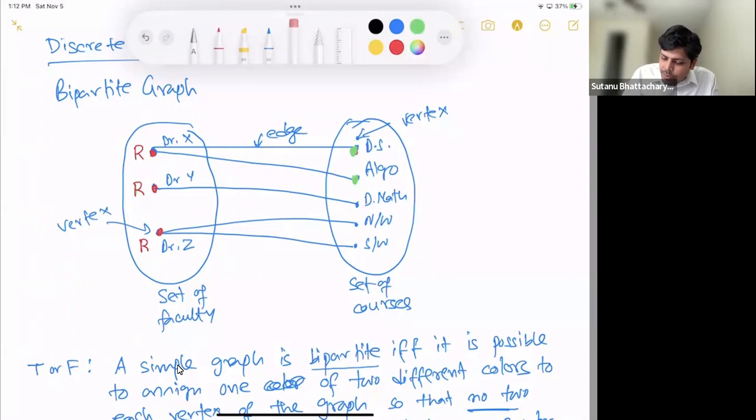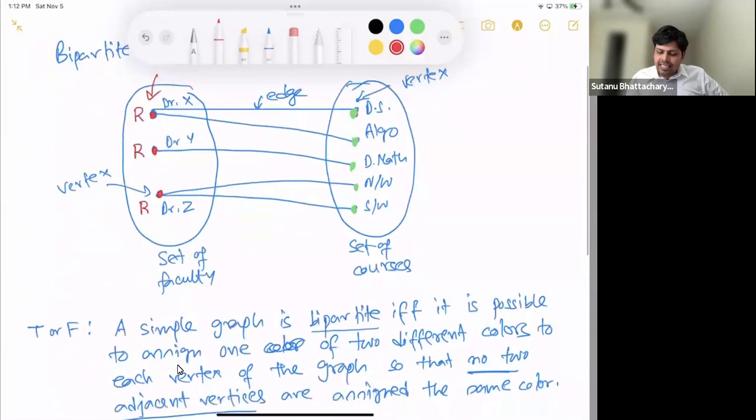On the other hand, we can color these vertices green because they are not adjacent, because there is no edge in between those vertices. So we can color all the vertices in this set green, and in this part we can assign only red, one color to every vertex.